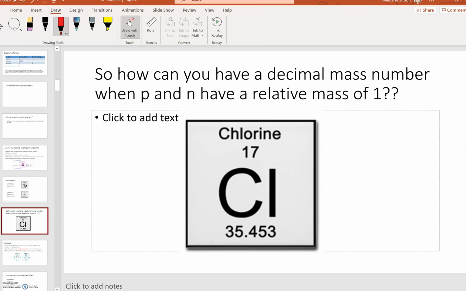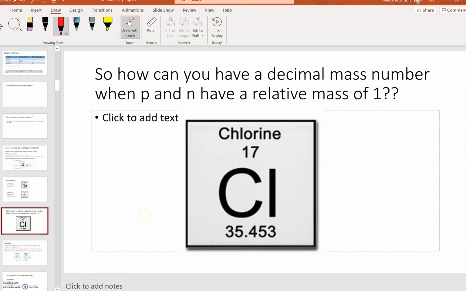But what we didn't delve into too much was the fact that these decimals also account for the relative abundance of isotopes. So isotopes are the same element, just a different form of them, and the different forms mean they've got different masses, and it's actually the different number of neutrons that causes that different mass.